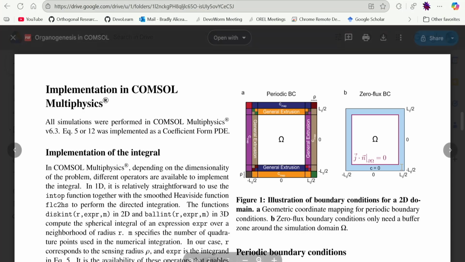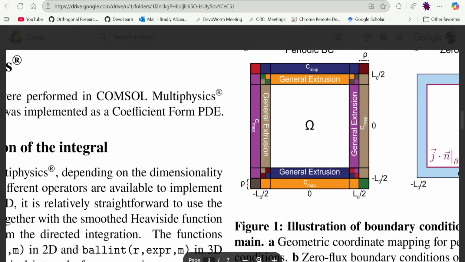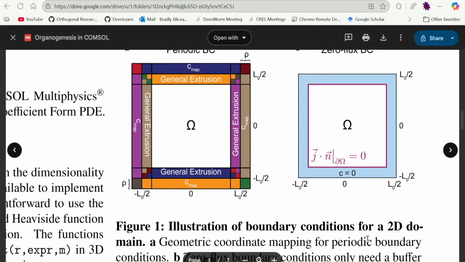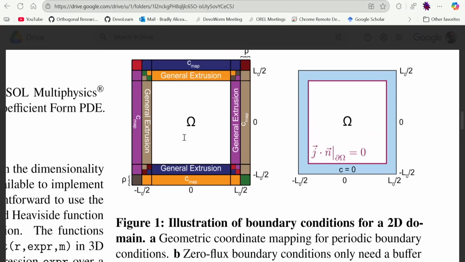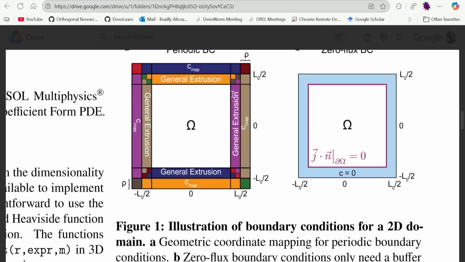This is where we have geometric coordinate mapping for periodic boundary conditions. So this simulation domain is omega. It's in the middle here. And then we have these things on the edge. For the periodic boundary condition, we have general extrusion.